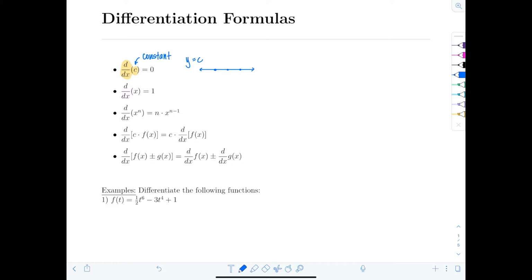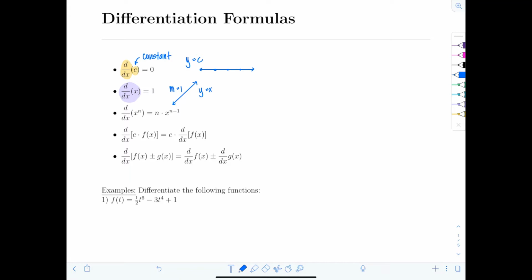All right. Similarly, the next differentiation rule is that the derivative with respect to x of x is just 1. Again, this should make sense if you think of the graph in terms of slopes of tangent lines, because you're dealing with y equals x, and we know the slope of this line is 1.